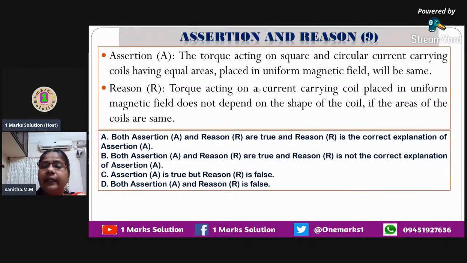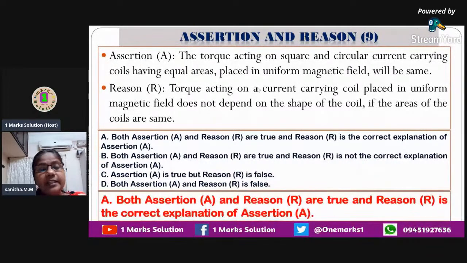Torque acting on a current carrying coil placed in a uniform magnetic field does not depend on the shape of the coil if the areas of the coils are the same. Correct. That means it depends on the area, not on the shape of the coil. You have to note this point also, it can be asked in the board exam. So what is the answer here? A. Reason is the correct explanation for the assertion and both are true. So the option is A. Once again, we can go for the next one.